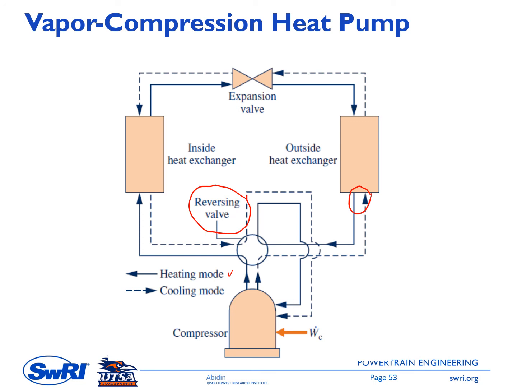So we still use the same compressor and the same expansion valve, but the two heat exchangers here will switch roles. At certain points they will serve as the evaporator, and at other points they might serve as the condenser.